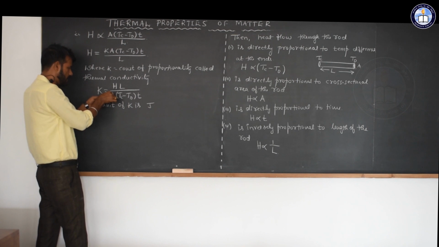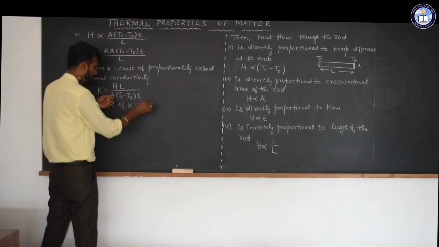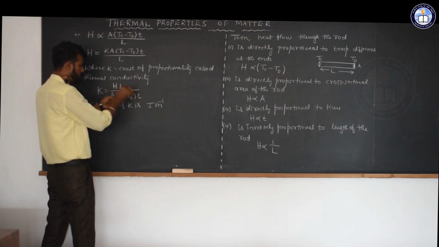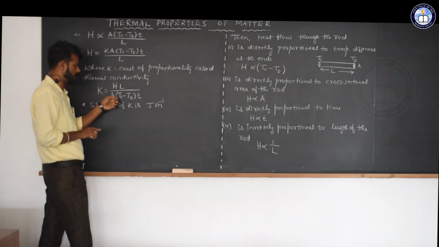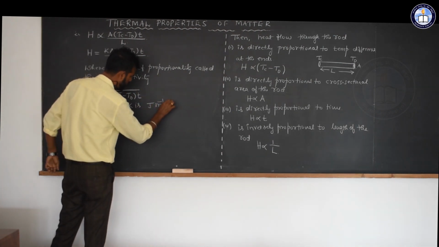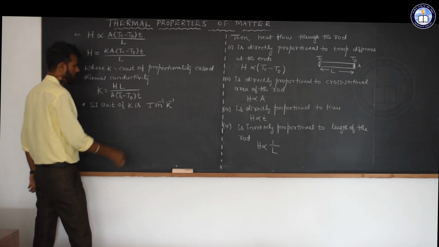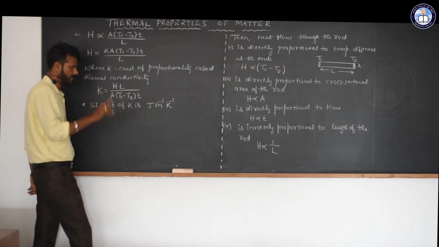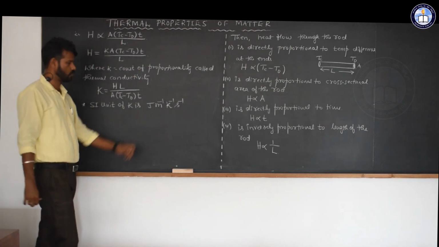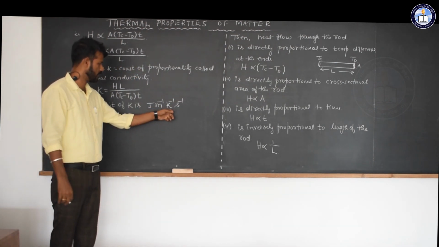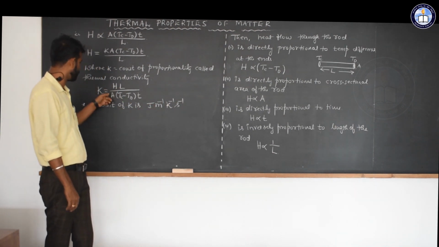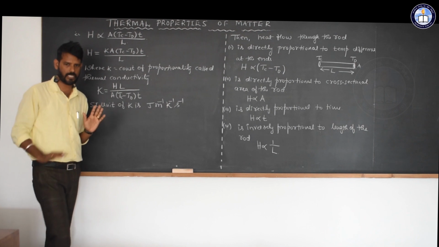The denominator meter is left, which taken to the numerator is meter power minus 1. Tc minus Td is the temperature difference, measured in Kelvin, which taken to the numerator is Kelvin inverse. And t is measured in second, which taken to the numerator is second inverse. So joule, meter inverse, Kelvin inverse, second inverse is the SI unit of thermal conductivity.